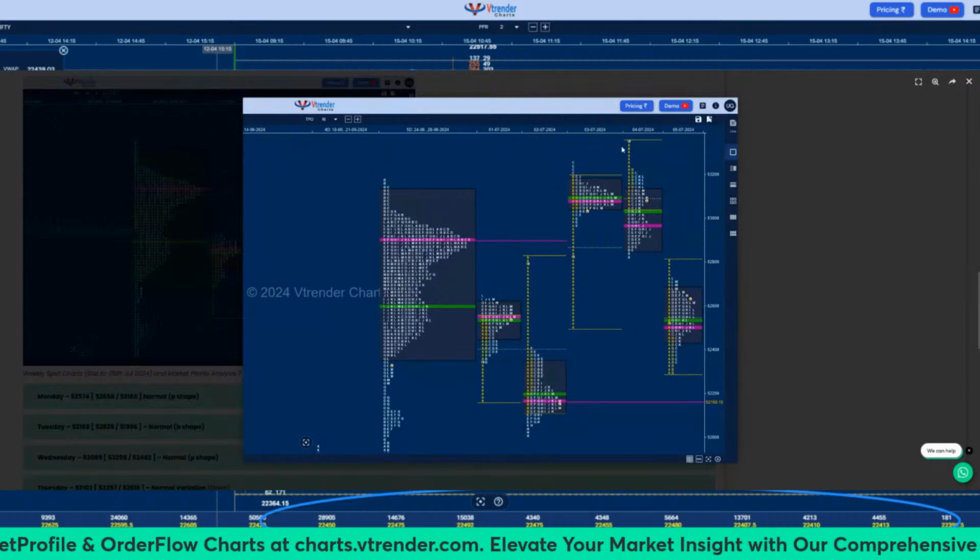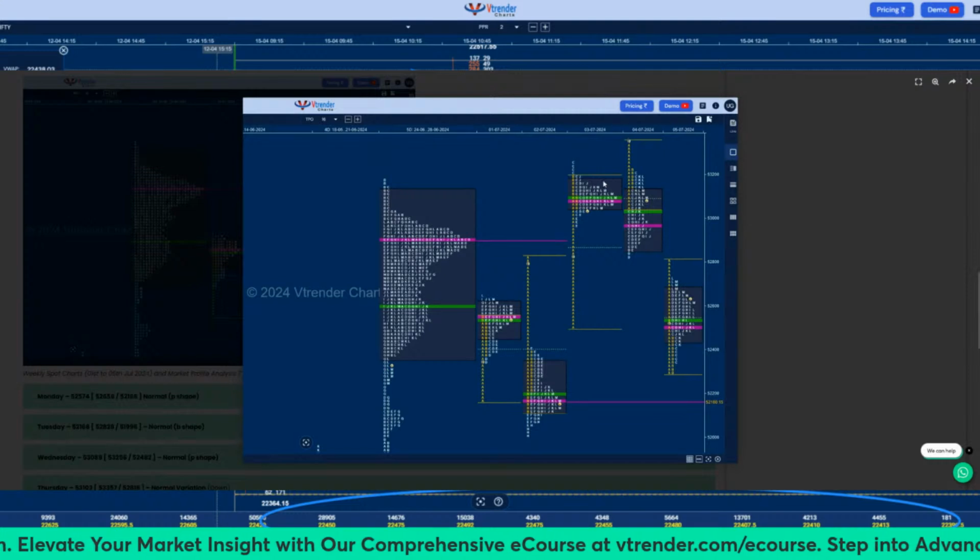So on Thursday we happened to open higher, but that open was quickly rejected, and we got back into this profile, and we formed a narrow range B-shaped profile here. So this was very clearly telling us there is no demand left at the top.